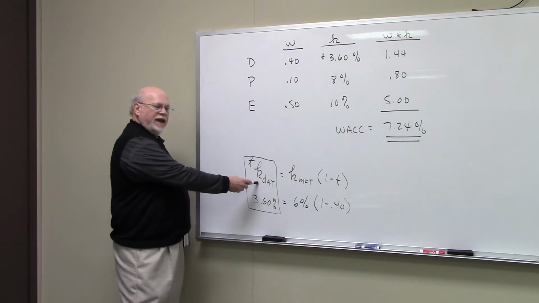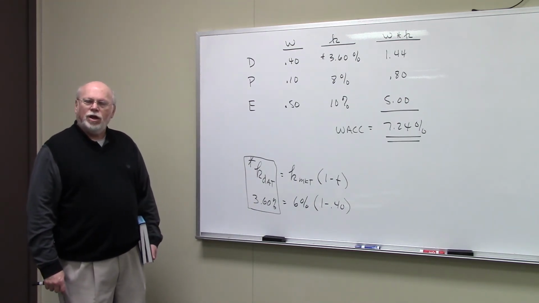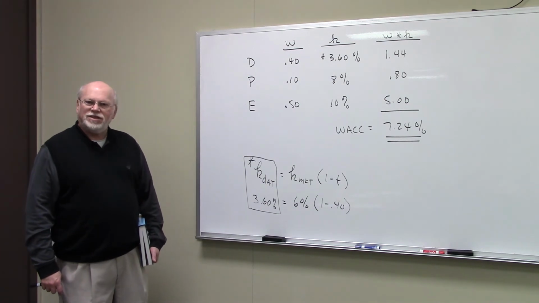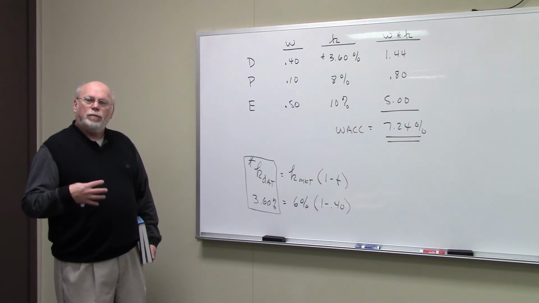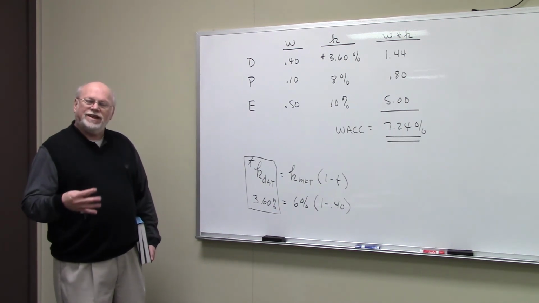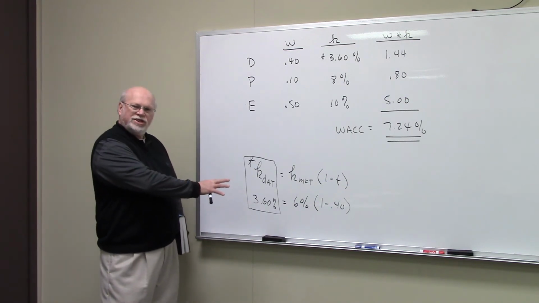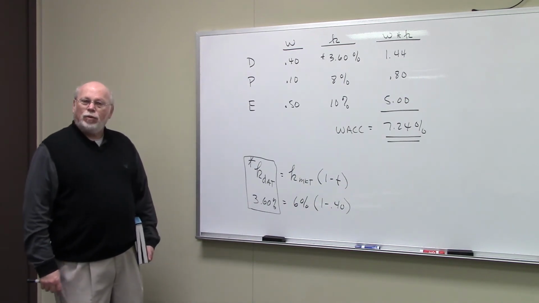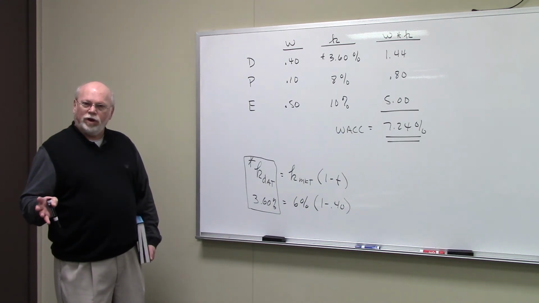Now the cost of debt after taxes is the yield on the bonds, the cost of the debt in the market, multiplied by 1 minus the tax rate. In this problem, they told us that the before-tax cost of debt, which is the yield on the bonds in the market, was 6%. And in the A part, they told us to assume the company's marginal tax rate to be 40%.